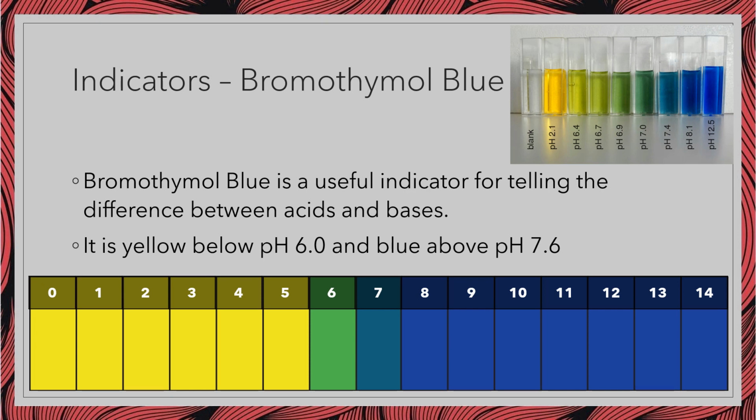Very rarely will you get an acid above a pH of 5 or a base below a pH of 8 or 9, and so it can tell us quite easily the difference. So it's yellow up to 5, then it's a little bit green around 6 to 7. At 7 we start to get that darker blue color, and above 8 it gets that nice bright blue.